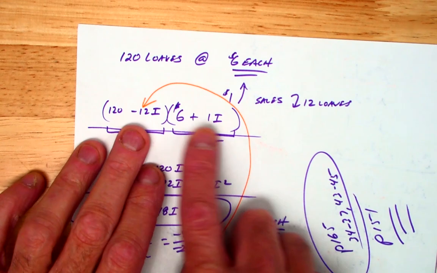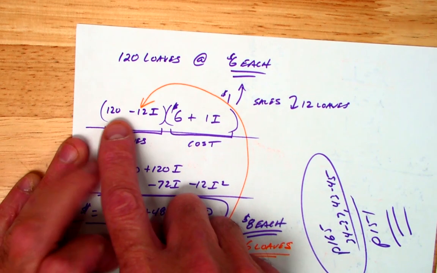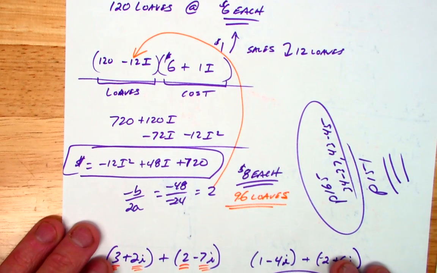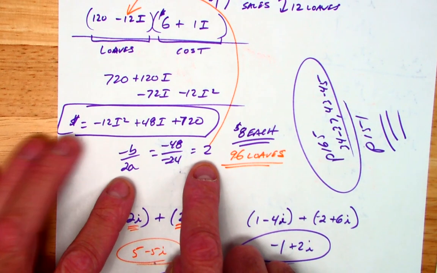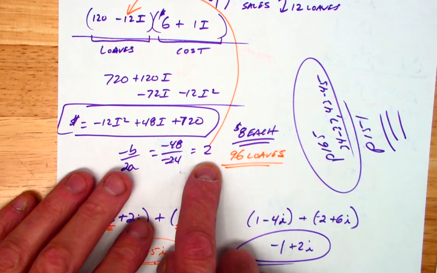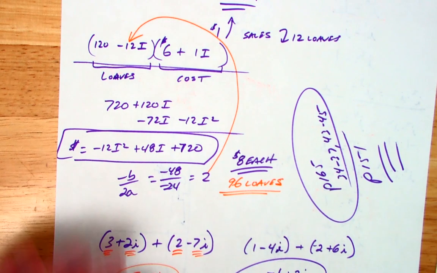So we have $6 plus $1 for every increase, and 120 loaves minus 12 loaves for every increase. We multiplied it out and found that the maximum occurs at negative b over 2a, where it's two increases. So that means $8 each and 96 loaves.